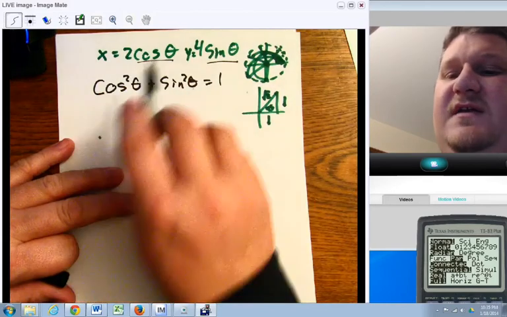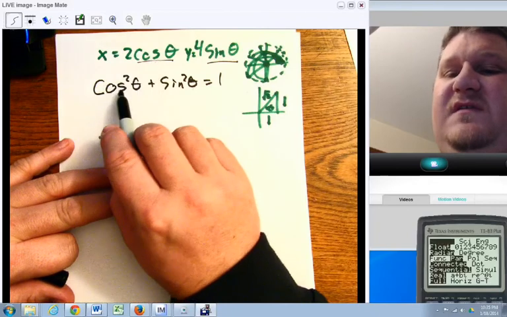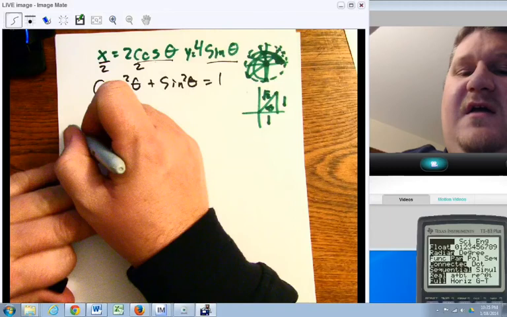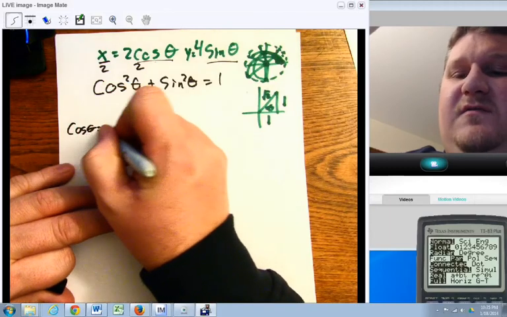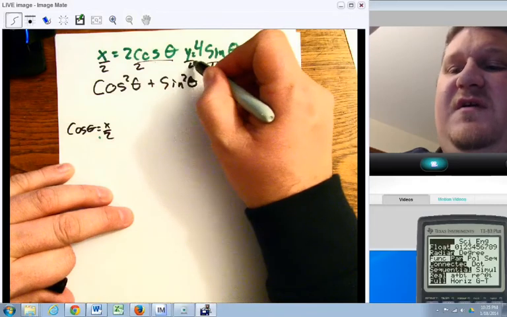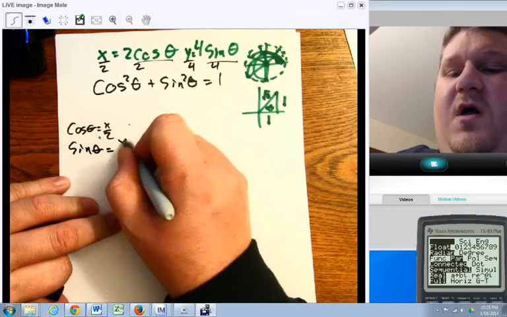Now, if I could get cosine theta by itself, that would allow me to substitute it in here. So let's divide both sides by 2. So now we have cosine theta equals x over 2. Same thing over here. Let's divide both sides by 4. We have sine theta equals y over 4.